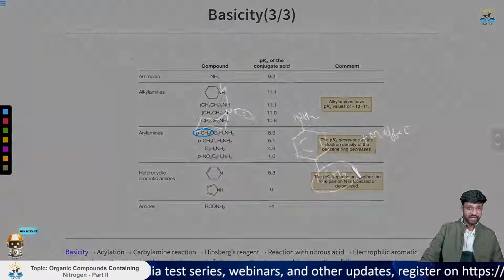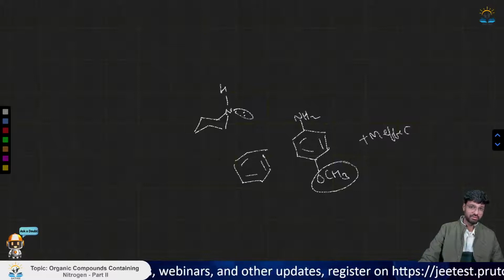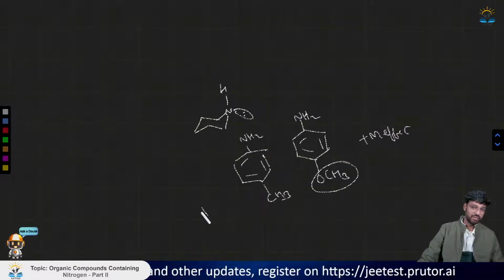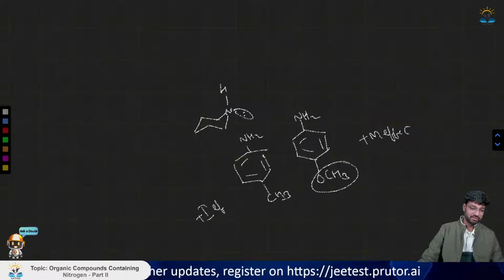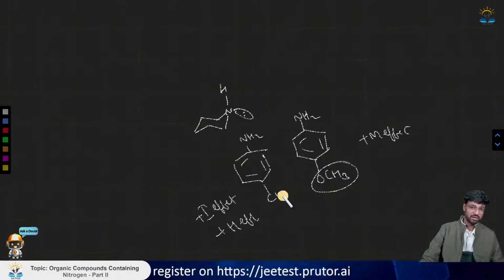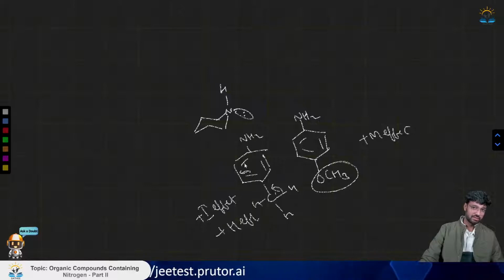Then we have the para CH3. So para CH3 also donates electrons. How? By the plus I effect and through the plus H effect. How the plus H effect? This is the hydrogen that we have, so it will go like this and it will increase the electron density.